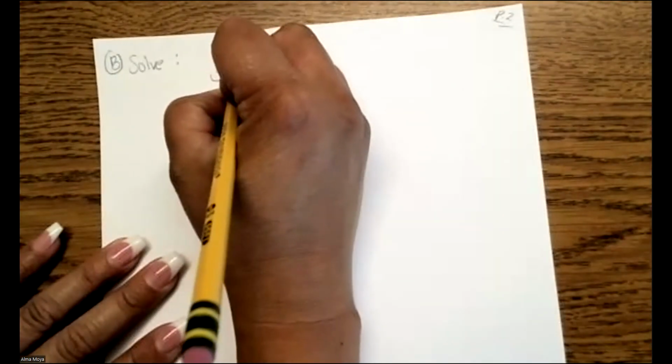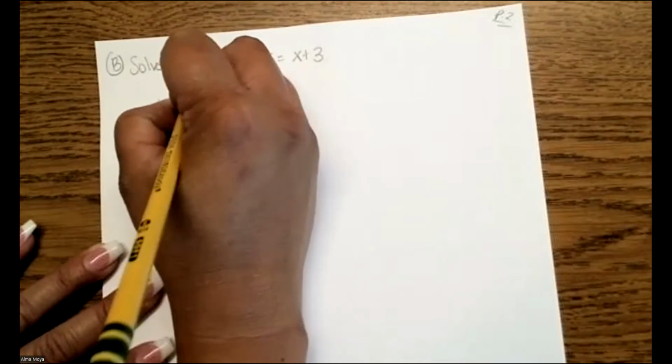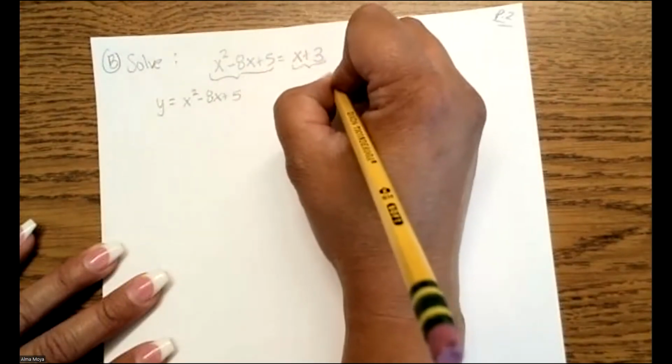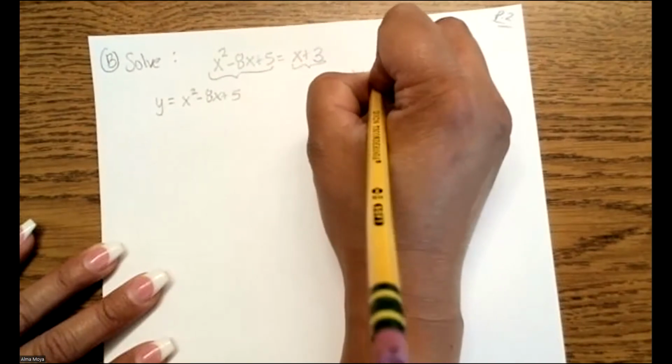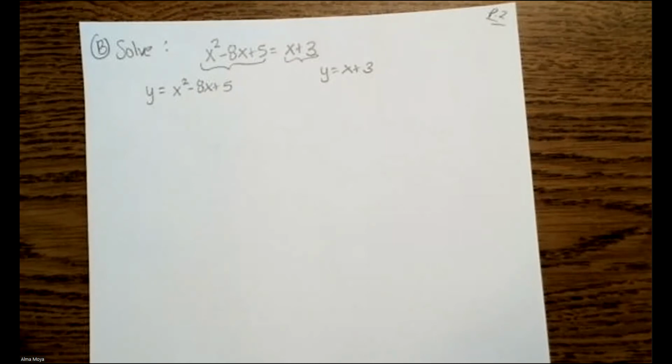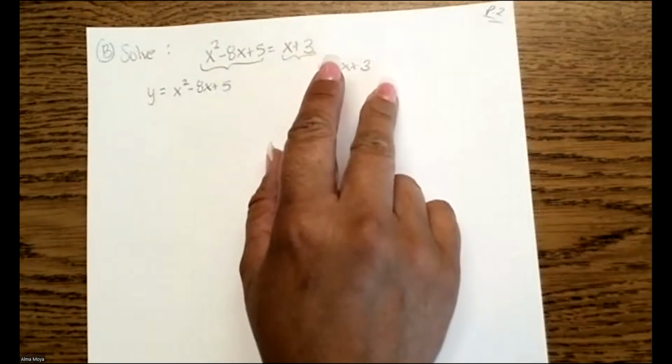I'm going to set each side equal to y. So this is going to be y equals x squared minus 8x plus 5, and this is going to be y equals x plus 3. Let me go on Desmos.com and share my screen. Make sure you type this in one of them and this one in the other.